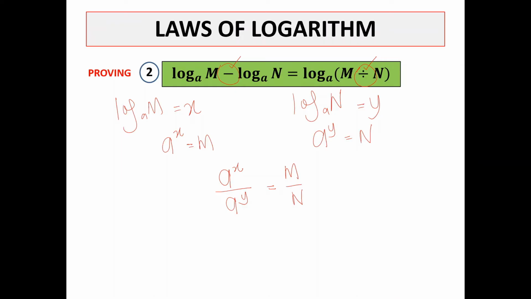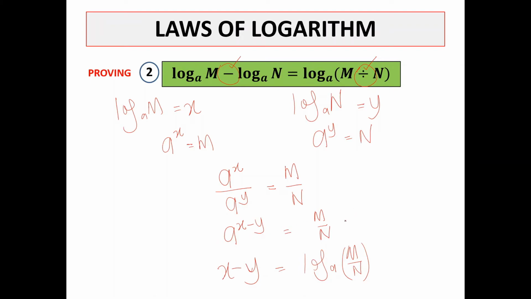Applying the rules of indices, a to the power of x minus y is equal to m over n. And then change it into log form. We can have now x minus y equal to log of m over n base a.